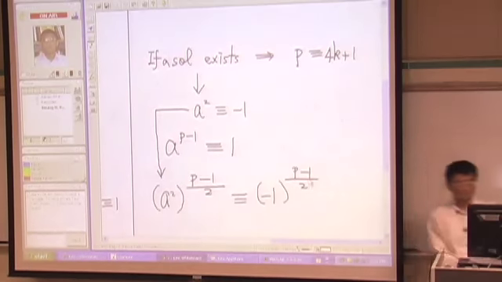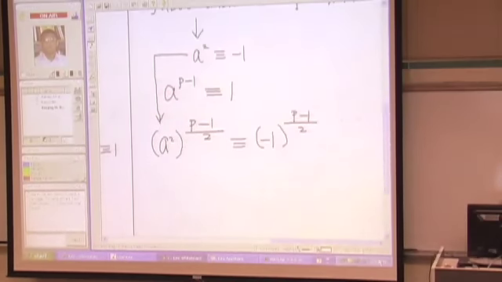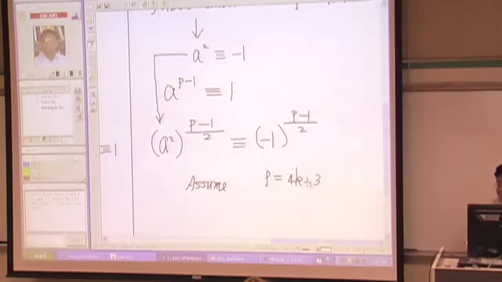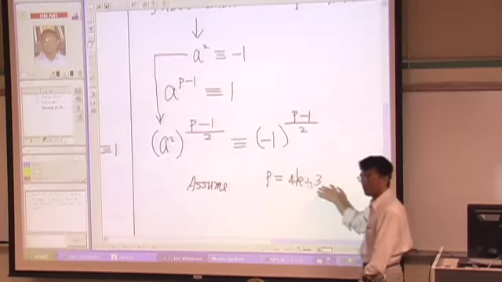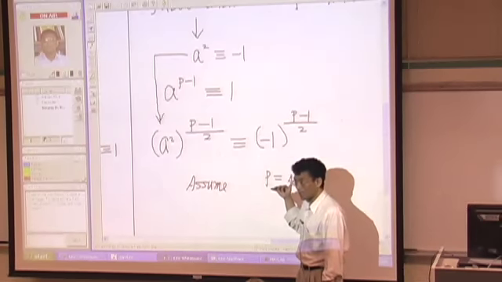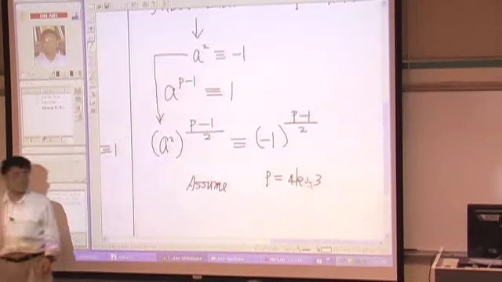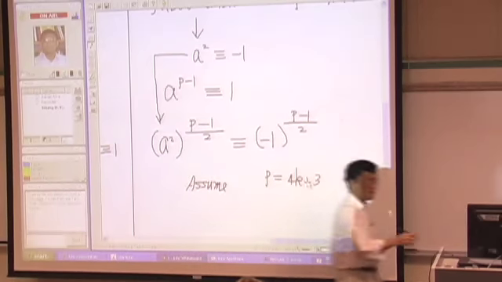Assume that P is of the type 4k plus 3. The odd number could be 4k plus 1 or 4k plus 3. Do you get it? So if this happens, then what can you say?